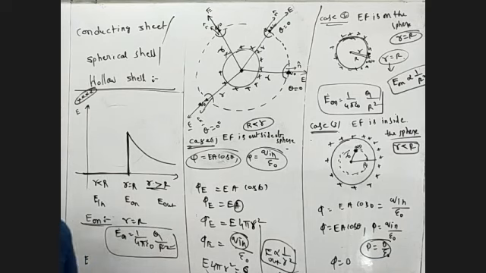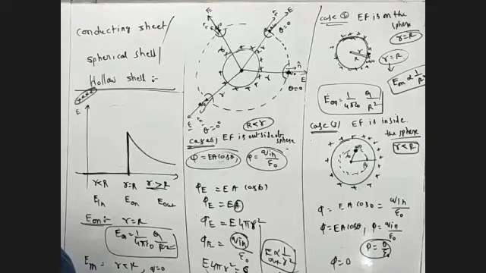Next, E inner. Inside, for r less than capital R, Q is equal to 0, so the electric field is 0. So E on, E in, and E center.